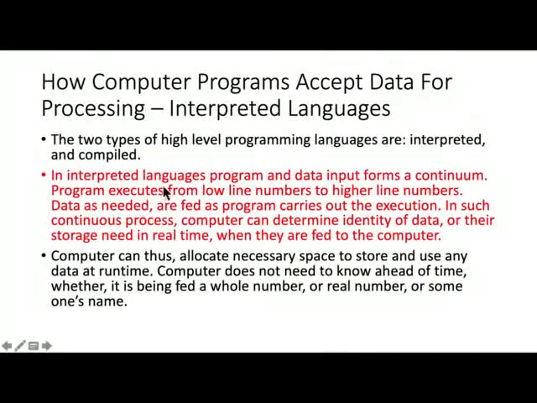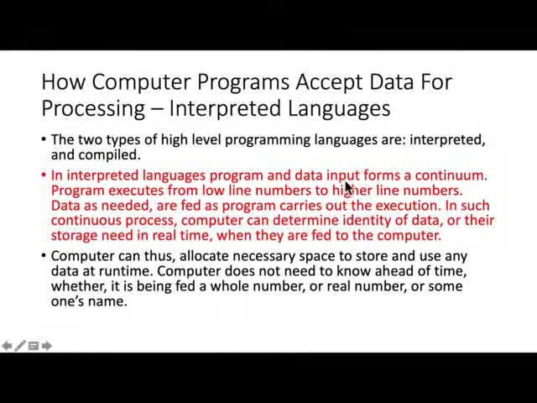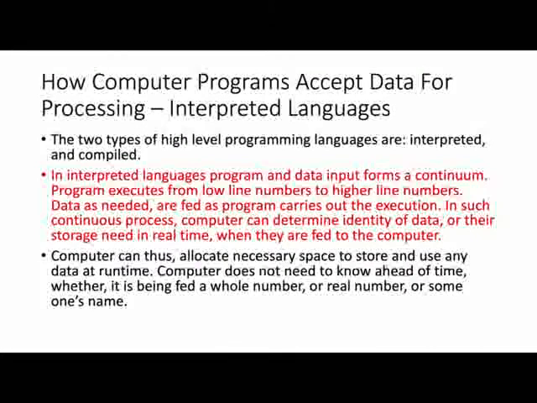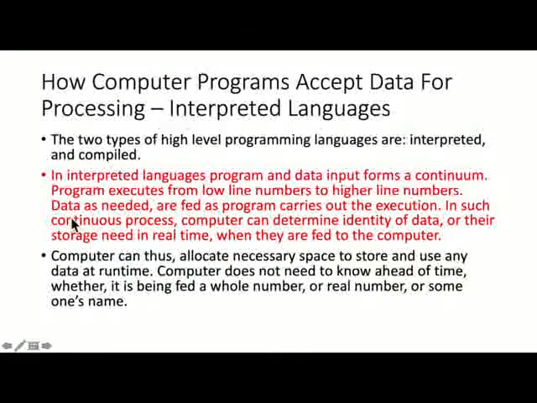So in an interpreted language, program and data input form a continuum because you're interpreting line by line. If data is needed, you can't wait until the end. You need to provide data as soon as it's needed, so data are fed as the program carries out the execution.